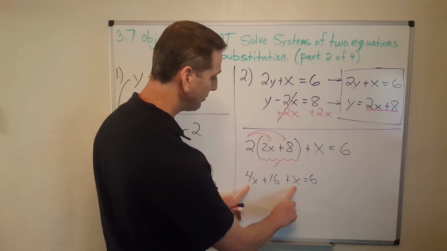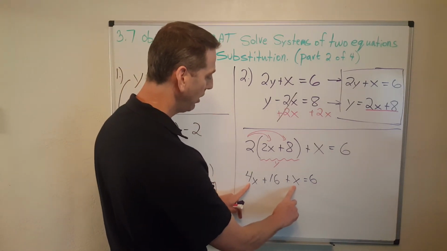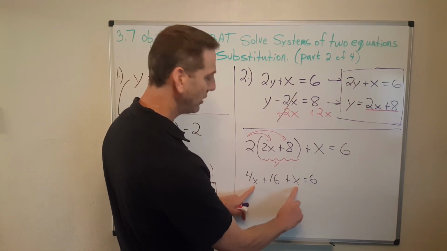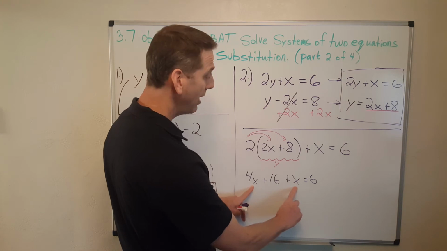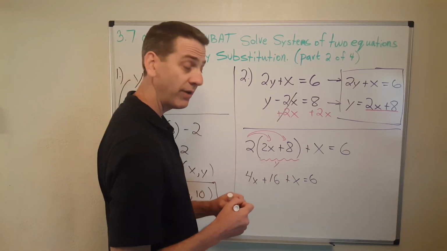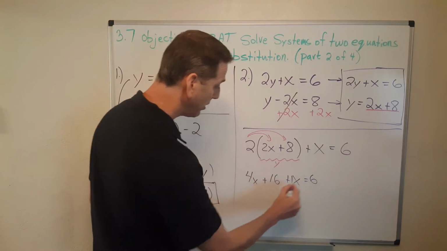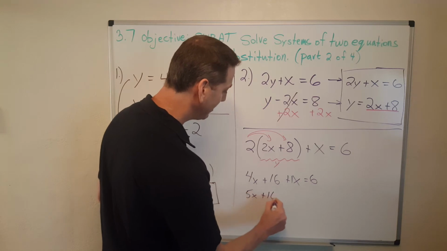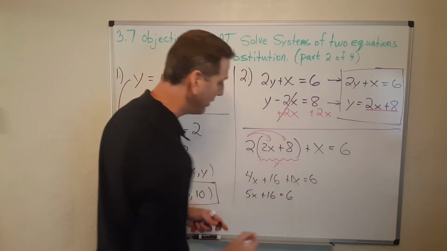And there is, right there. These two are like terms. They're in the same form, and they're on the same side of the equal sign. So 4x plus x is 5x, right? Because there's a 1 right there. So that's 5x plus 16 equals 6.